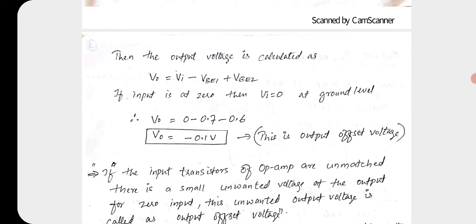Even if the same input is applied for inverting and non-inverting, due to mismatch in the transistors, there will be a voltage generated like V naught equal to minus 0.1 volts. This is called the output offset voltage. I have already explained this topic earlier, so this is what the output offset voltage is.